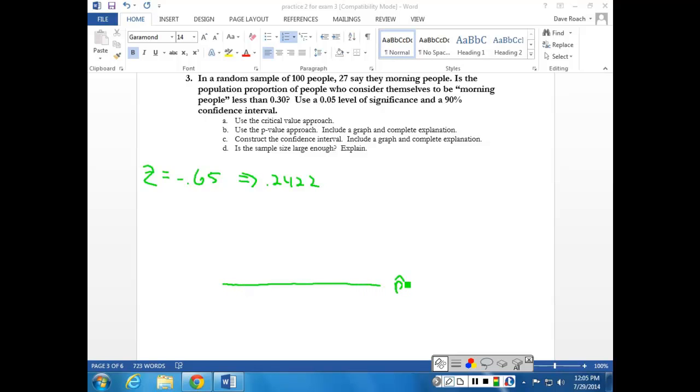Distribution of sample proportions. Center of the distribution is the hypothesized proportion, which was 0.3. The sample proportion we obtained was 0.27. We just calculated this area to be 0.2422. So the p-value is what's left out of the tail, or 0.5 minus that, 0.2578.